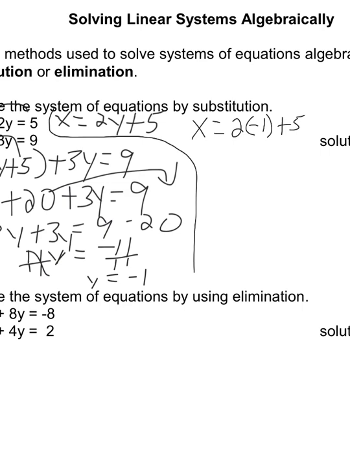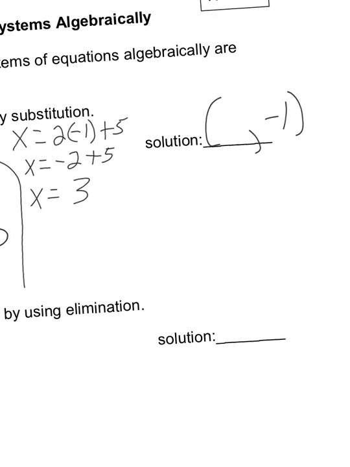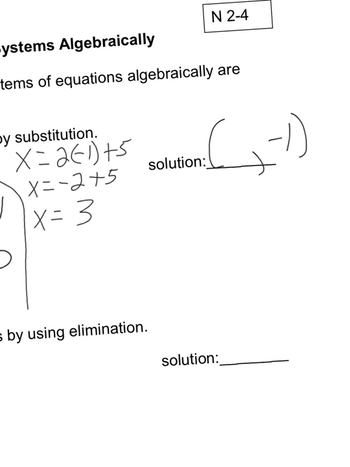X equals 2 times negative 1, which is negative 2, plus 5. So x would equal 3. I go ahead and put that in my solution set, and my answer is 3, comma, negative 1. That would be the coordinate, the intersection, that solves that system of equations.